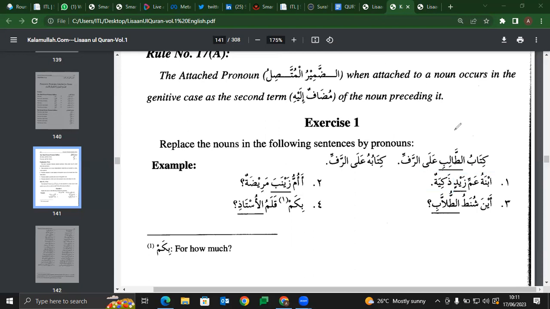Now let's come to the translation. Ibnat is the son of, right?